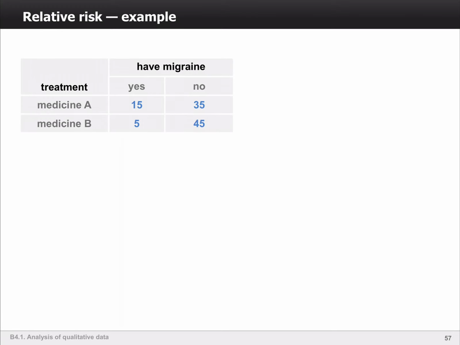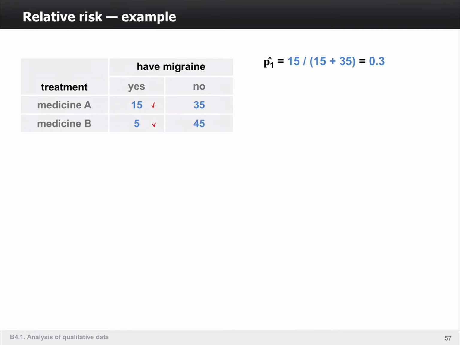We had 50 patients in each group: 50 patients who got medicine A and 50 patients who got medicine B. After a while, we asked them if they got a migraine or not. We found out that among those who got medicine A, 15 out of 50 got the migraine and 35 didn't. And for medicine B, only 5 out of 50 got the migraine and 45 didn't.